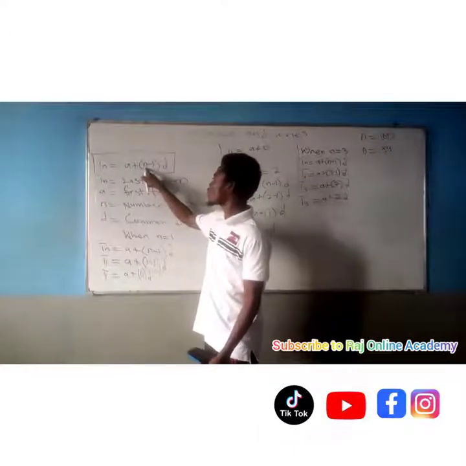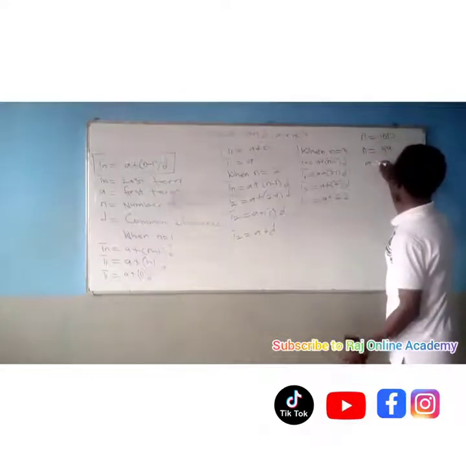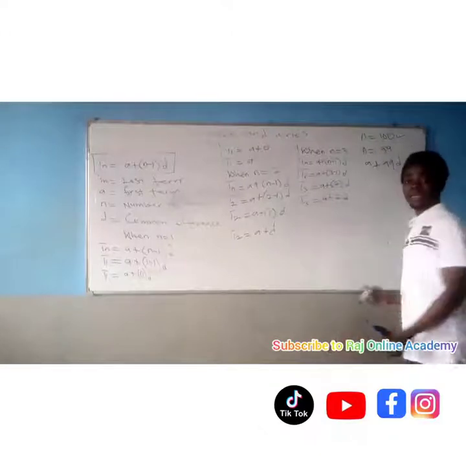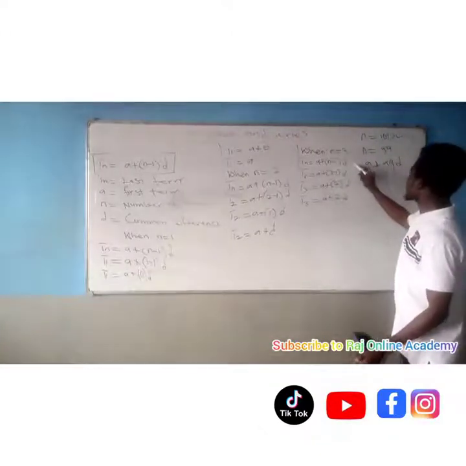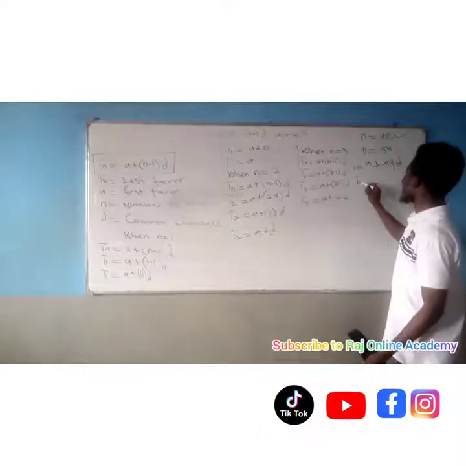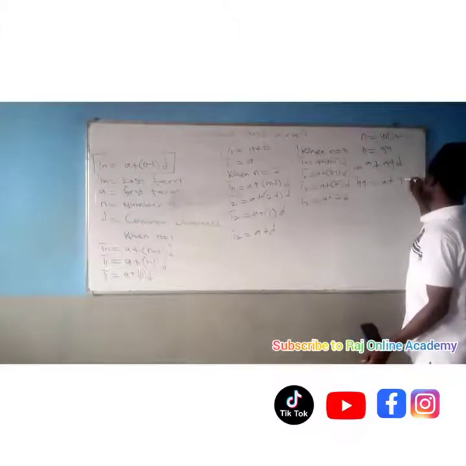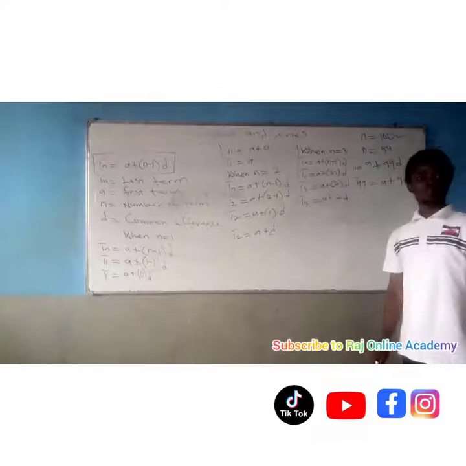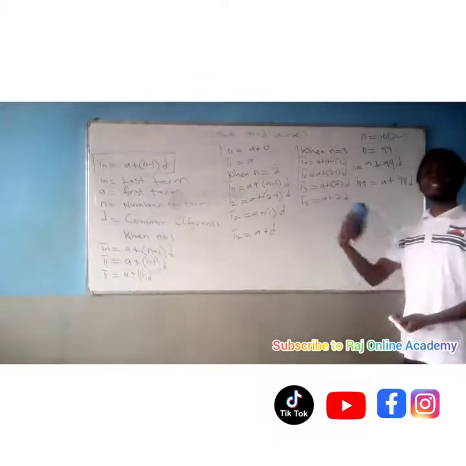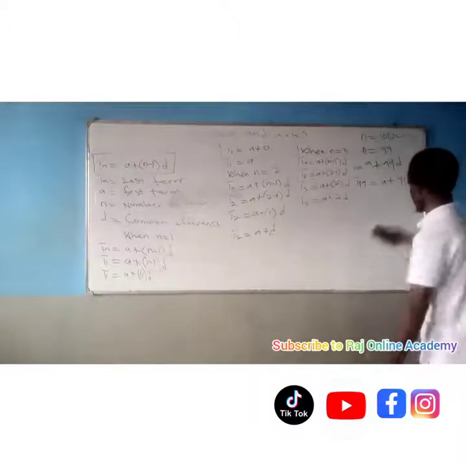So 99 minus 1, therefore we have A plus 99D. So T100 is equal to A plus 99D, and T99 is equal to A plus 98D.